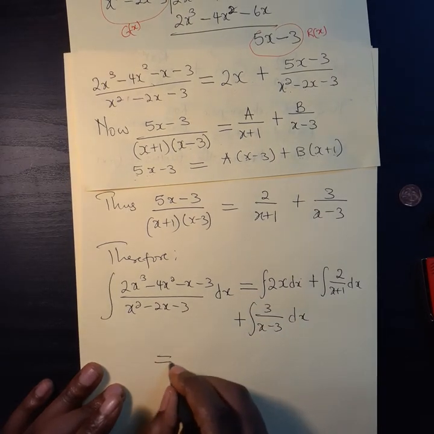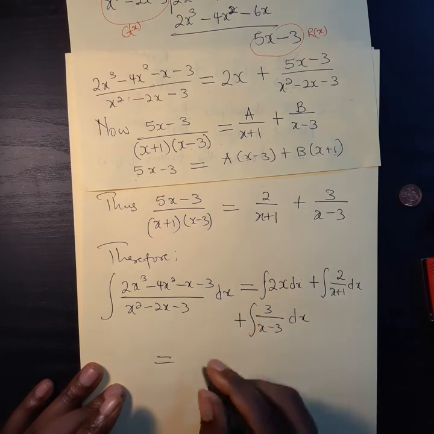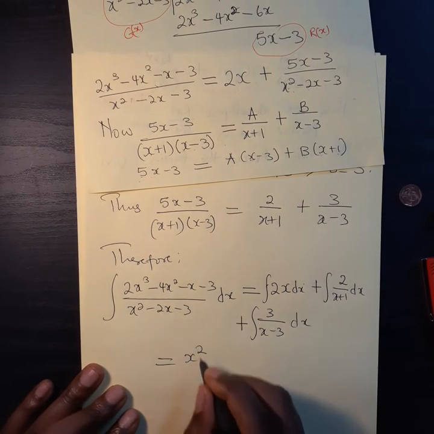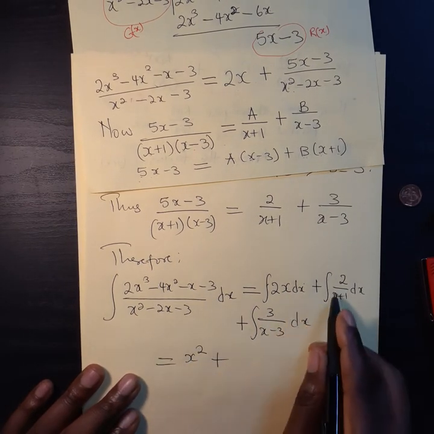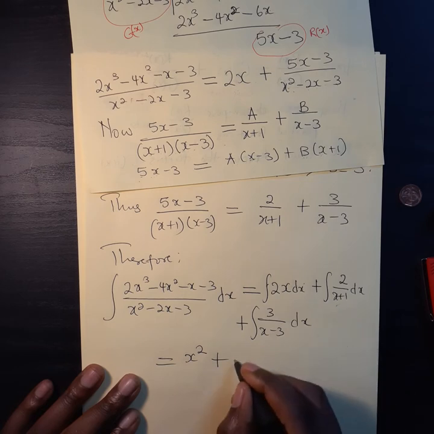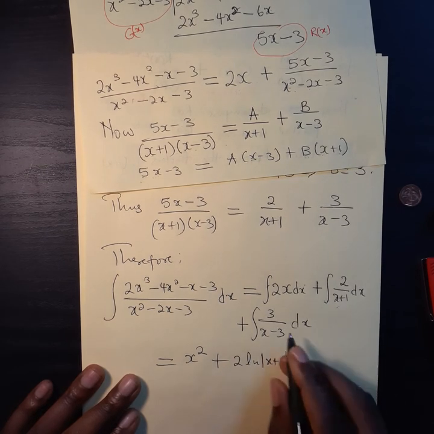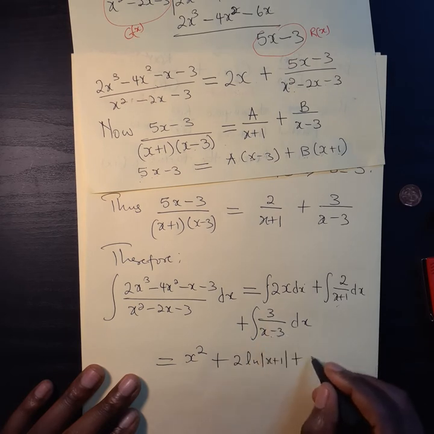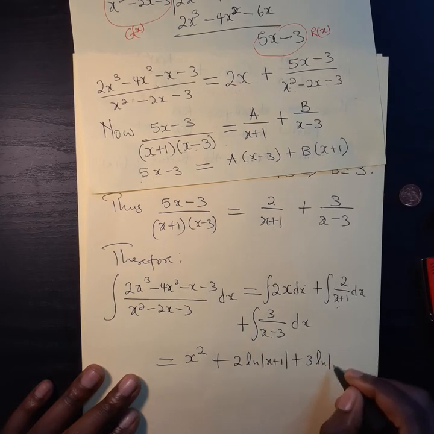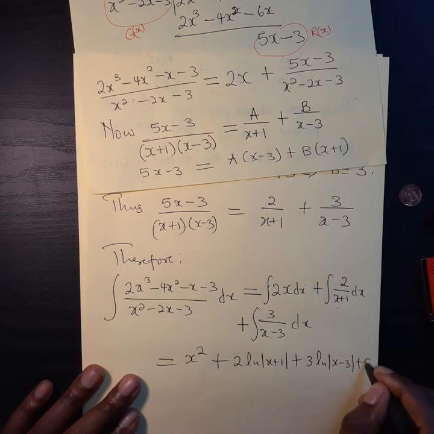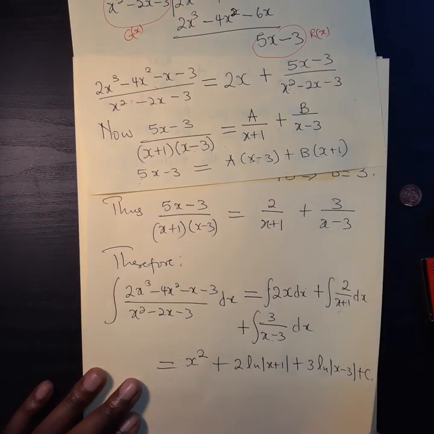And this is equal to the integral of 2x, which is simply x squared, plus the integral of this one, which is 2 ln of x plus 1, plus the integral of that one, which is 3 ln of x minus 3, plus c, like that.